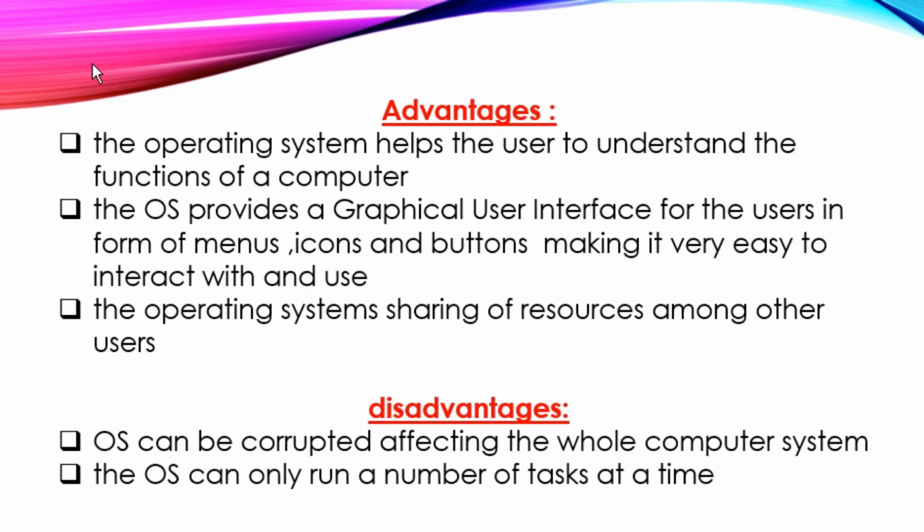Secondly, as an advantage, the operating system facilitates a good and better human-computer interaction. It does so by providing a graphical user interface for the users in form of menus, icons, and buttons. This, of course, makes it easier for the users to interact and use the computers.